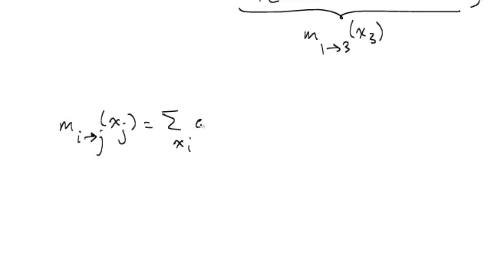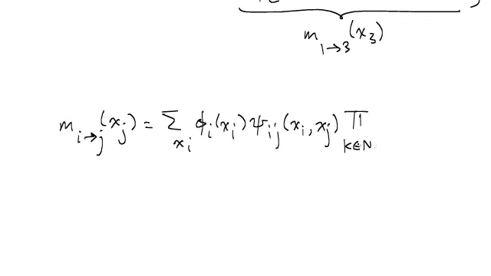So sum over xi of phi i of xi, edge potential from i to j, psi ij of xi xj, and then product over incoming messages to node i except for node j. Ni denotes neighbors of i. Message from k to i of xi. Okay, so this captures all the messages we've computed.